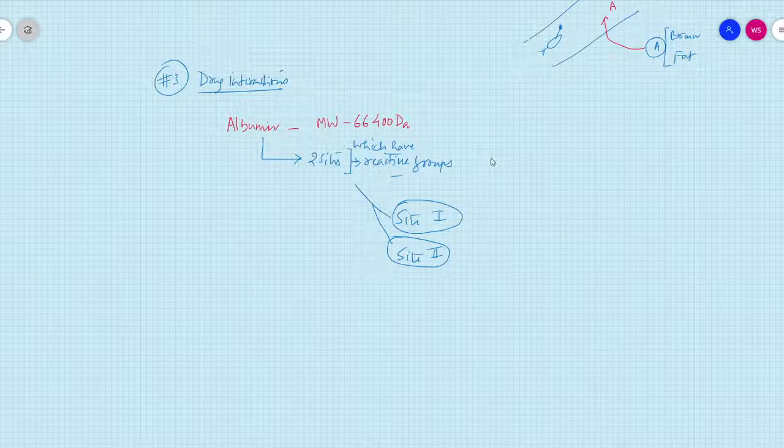Okay, so physiologically, what is the need for this site 1 and site 2? Physiologically, meaning in a normal body, site 1 transports bilirubin, and site 2 transports the amino acid tryptophan.